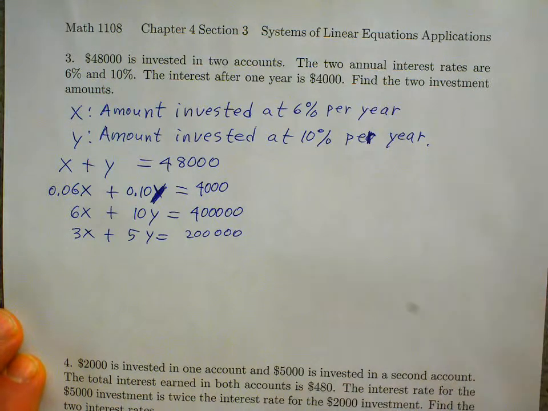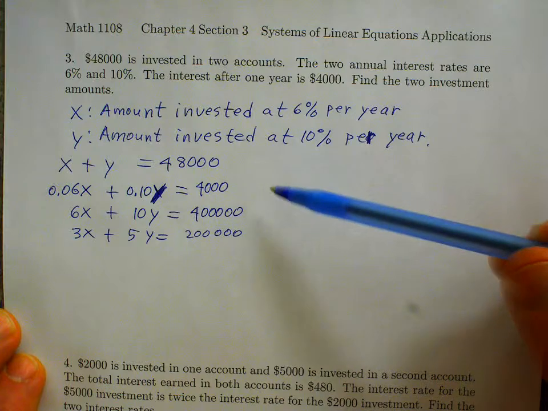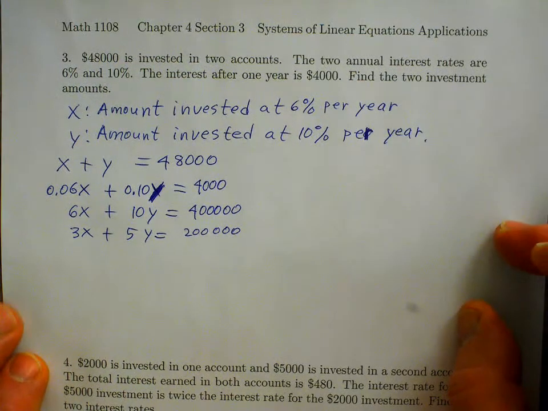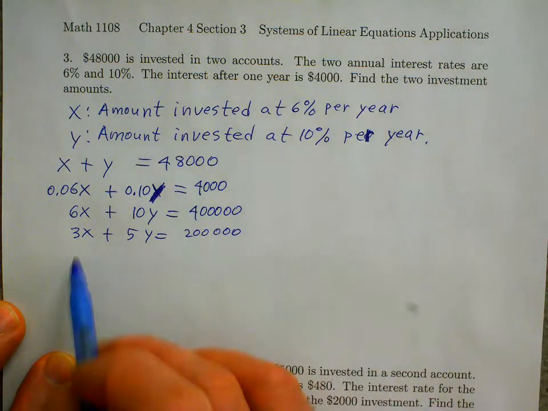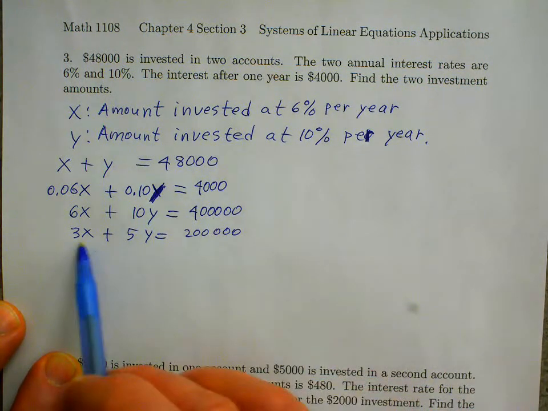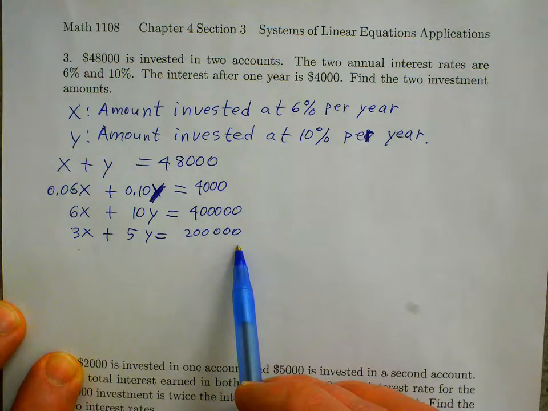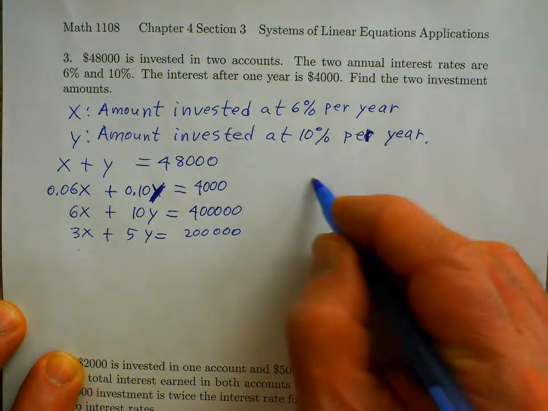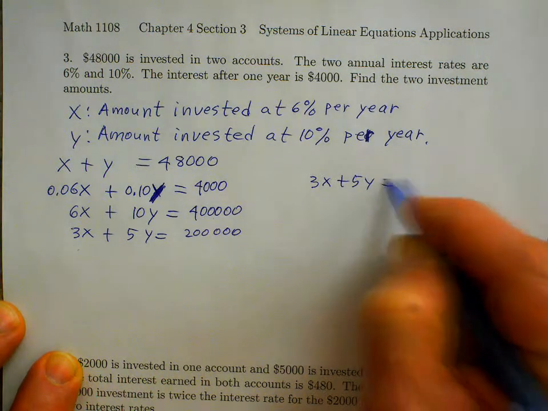And then we could use the substitution method or the elimination method. So I think what I'll do is I'll use the addition method. I'll leave this equation the way it is, 3X plus 5Y equals 200,000.